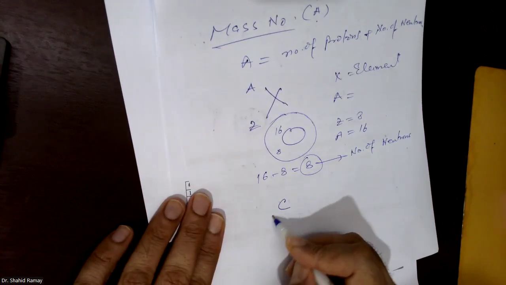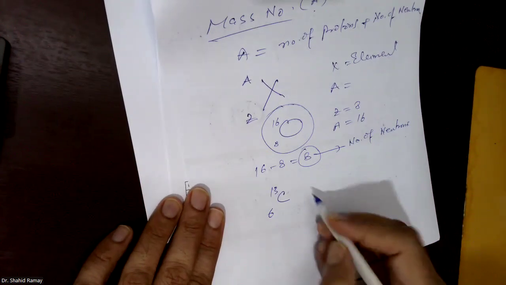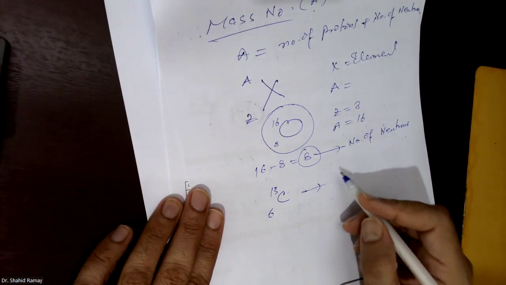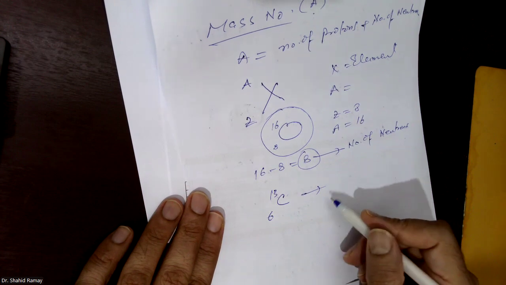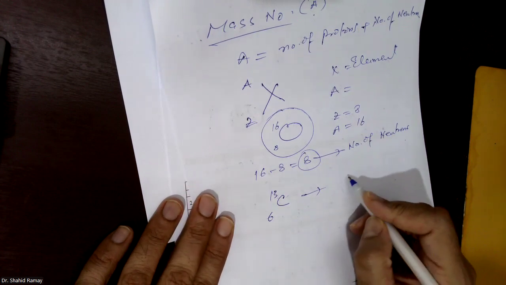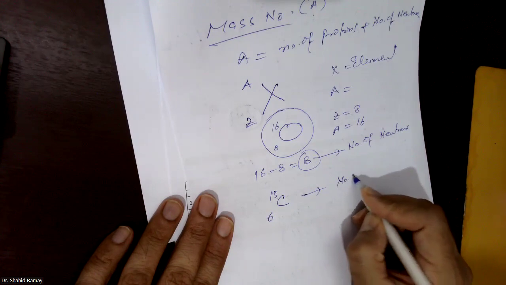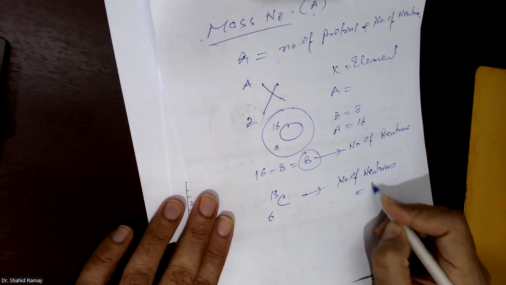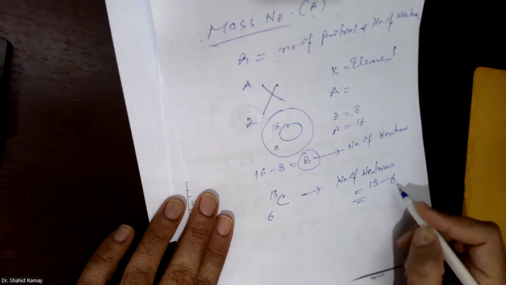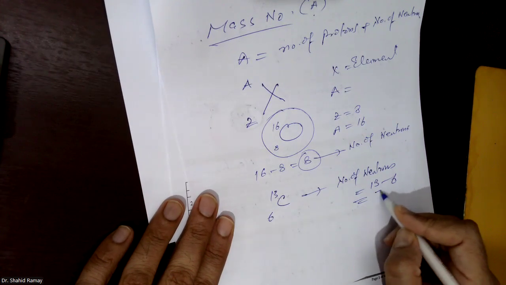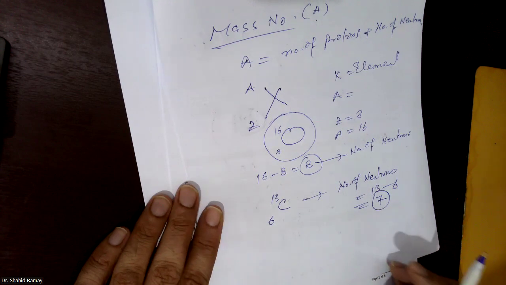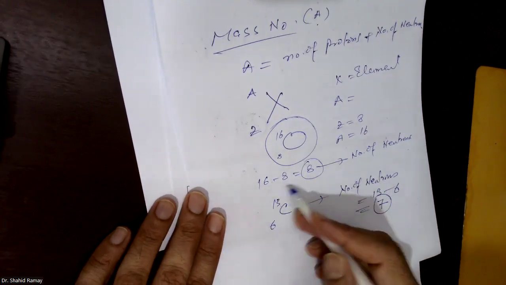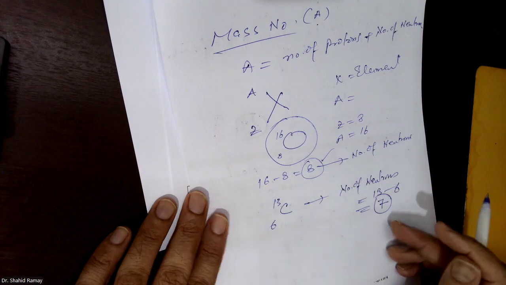Similarly, if we have 6C13, this is an isotope of carbon, and you can find the number of neutrons. Number of neutrons is equal to 13 minus 6, which is equal to 7. So the number of neutrons will be 7, and for oxygen the number of neutrons is 8.